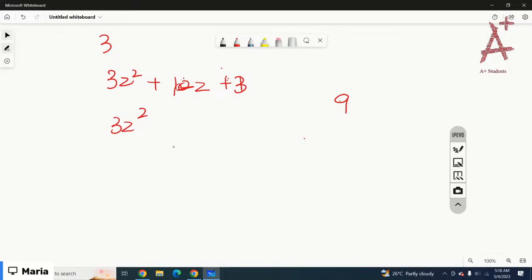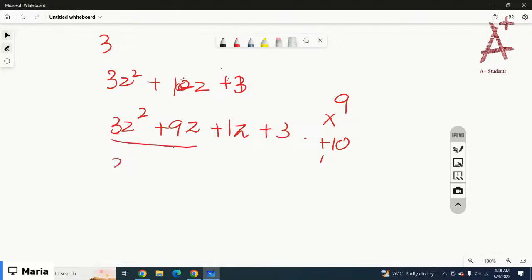You need to find two numbers that when you multiply them make 9 and when you add they make 10. So it would be 9 times 1. 9 plus 1, so it would be 9z plus 1z plus 3.